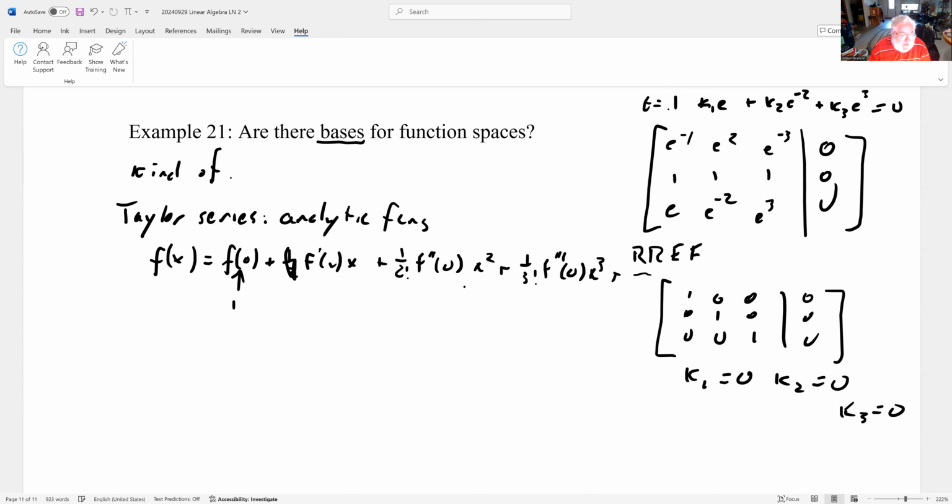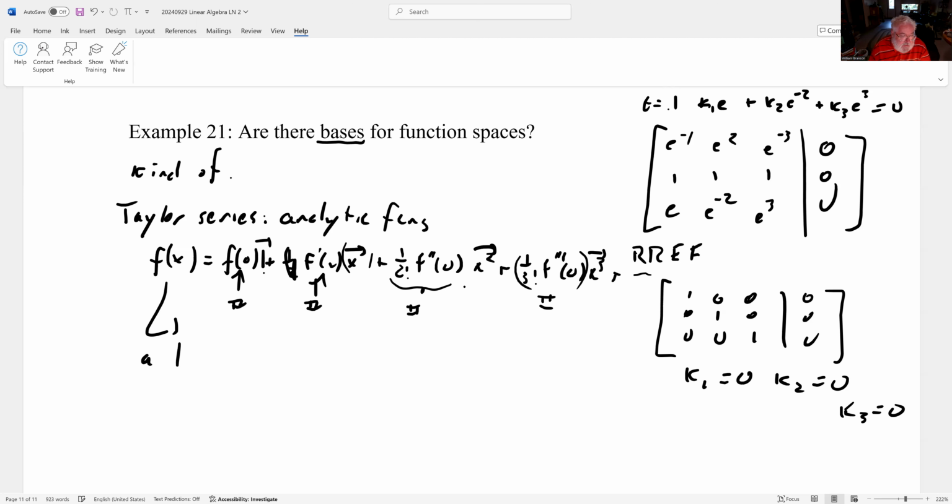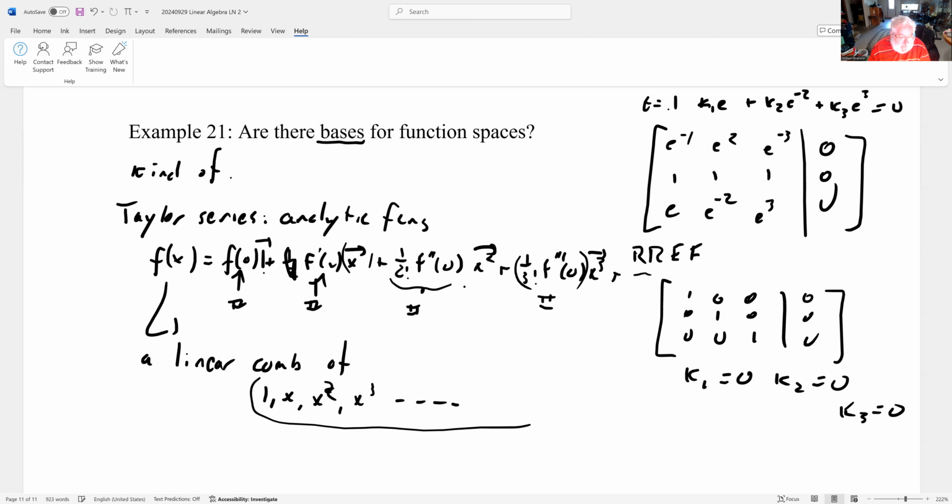So f of 0 is a number, take the vector here to be 1, f prime of 0 is a number, x we'll take to be a vector, 1/2 f double prime of 0 is a number, x squared is a vector, x cubed is a vector, this is a number. So f of x then is a linear combination of the functions 1, x, x squared, x cubed, dot dot dot. And so that gives us a basis for a particular class of functions.